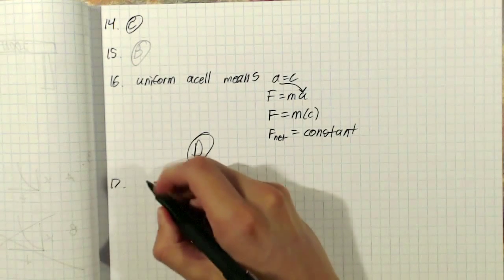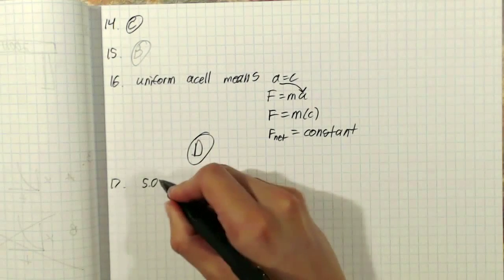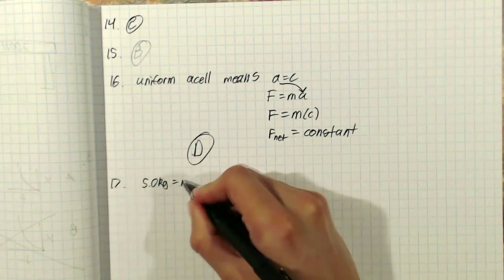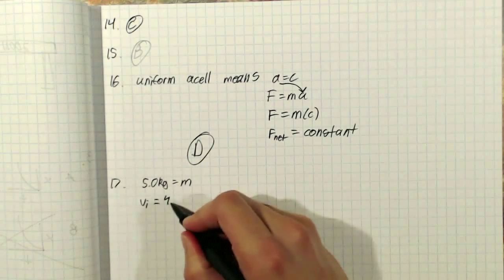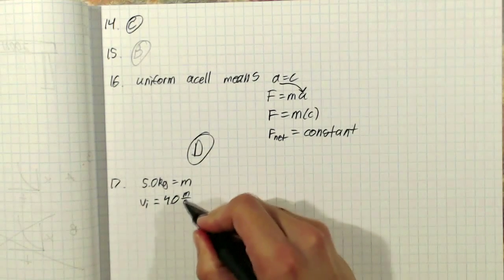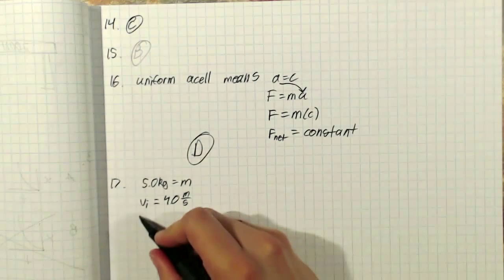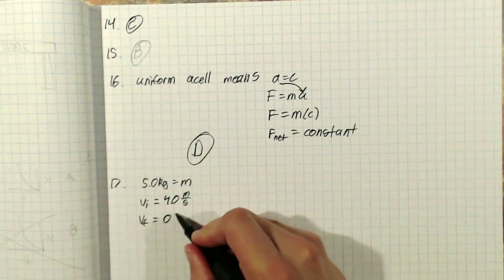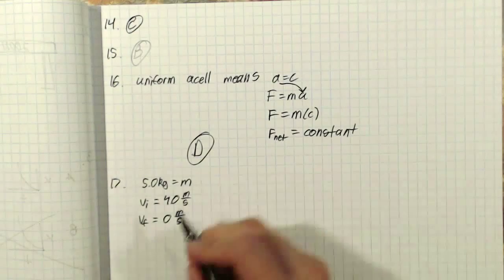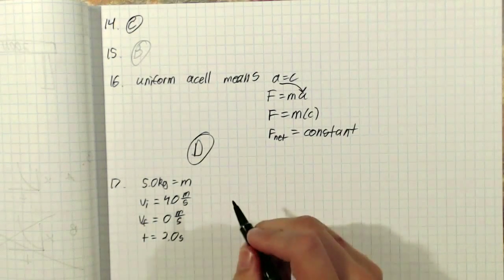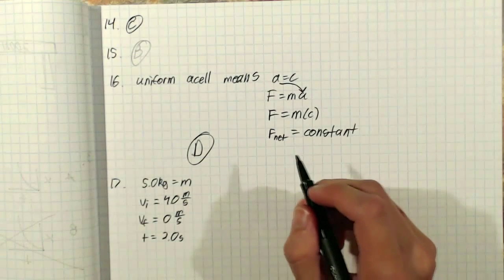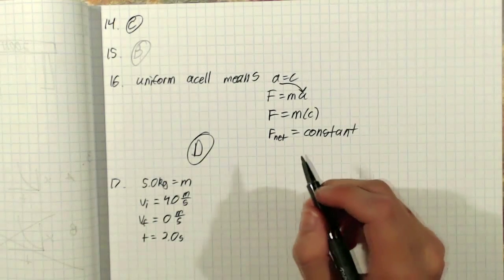Our cart is 5.0 kilograms, which is our mass. We have an initial velocity of 4.0 meters per second. It's brought to rest, which means our final velocity is 0 meters per second, in 2 seconds, which means our time is 2 seconds. It wants to know the magnitude of the average force used to stop the cart.